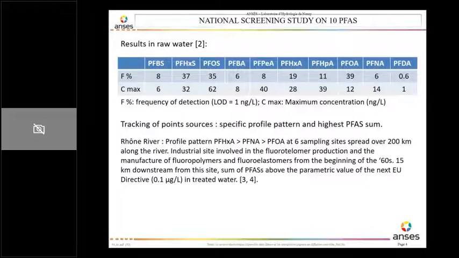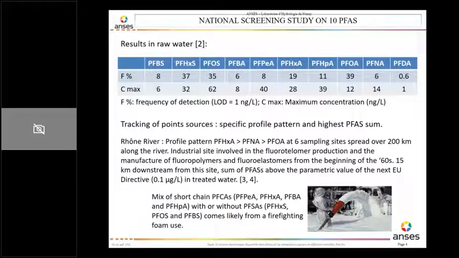None of the other samples collected in France exhibited this profile pattern. Further investigation led to the discovery of an industrial site involved in fluorotelomer production and the manufacture of fluoropolymers and fluoroelastomers since the beginning of the 60s. 15 kilometers downstream from the industrial site, the total PFAS concentration in the treated water was above the parametric value proposed in the next EU directive on drinking water quality.